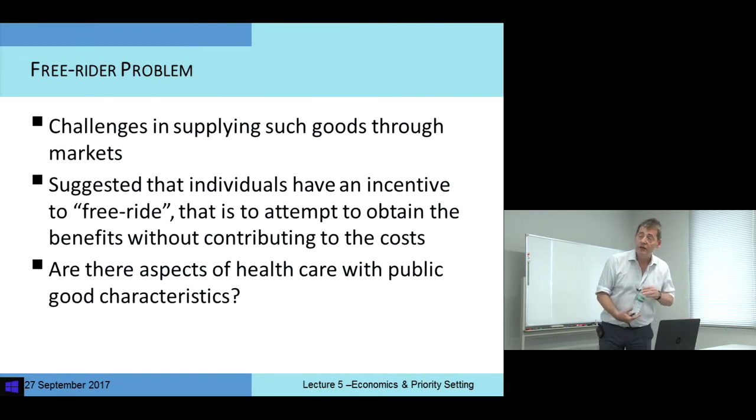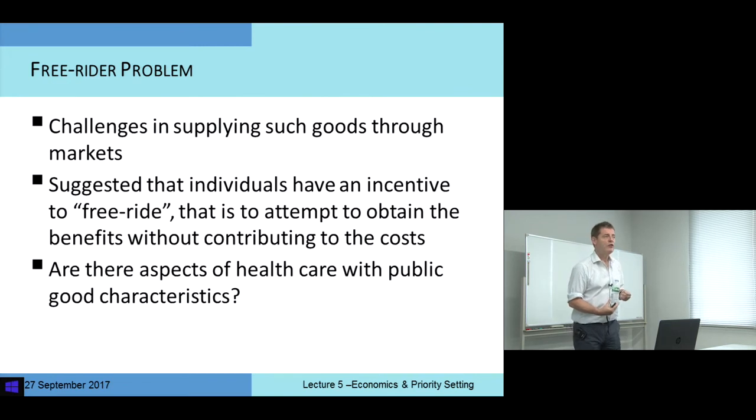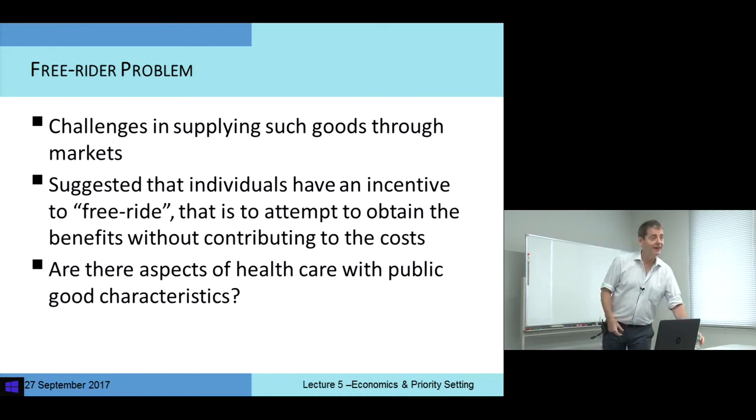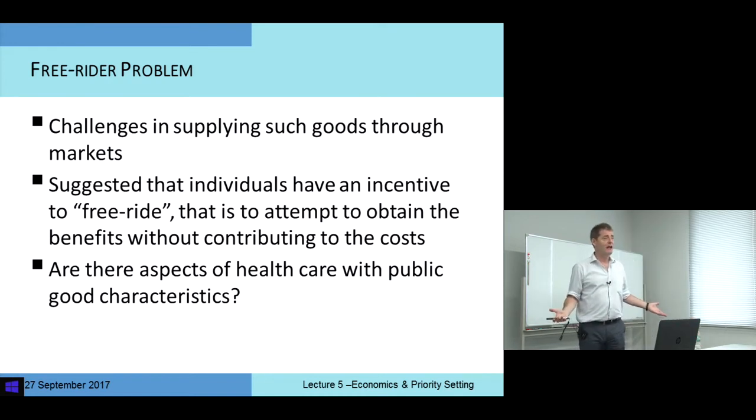Now, public goods have a particular problem, or a number of problems. One of them is called the free rider problem. It's quite difficult to provide public goods through markets because individuals don't have to pay. If someone is being provided and is going to pay for the good, other people will be able to enjoy the benefits of the good.